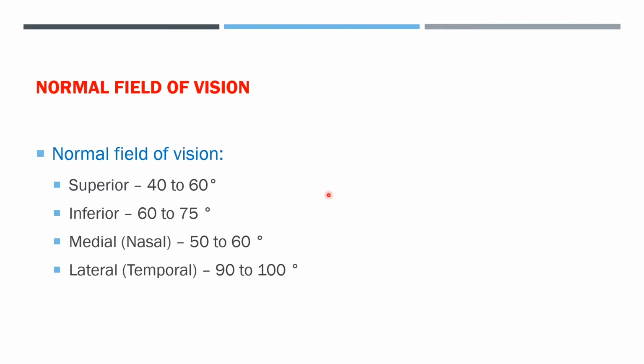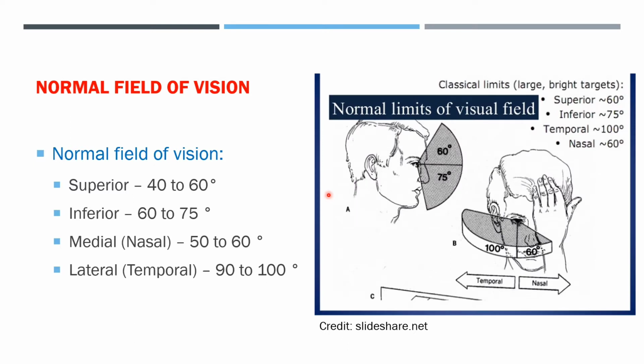If you want to understand why these values are there, remember that superiorly it is 60 degrees because our frontal bone, the bony eyebrow process, interferes with the field of vision of our eye. In the lower portion, the 75 degree field of vision is there because the cheek inhibits the field of vision.